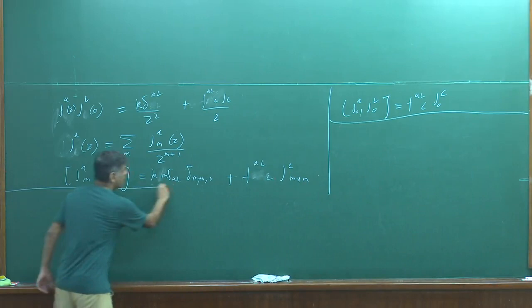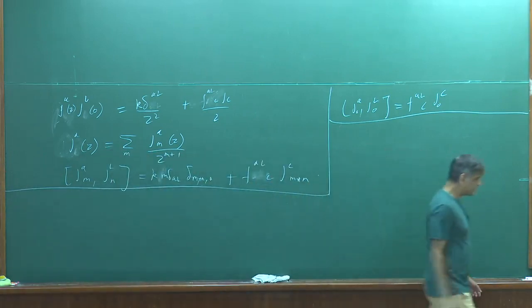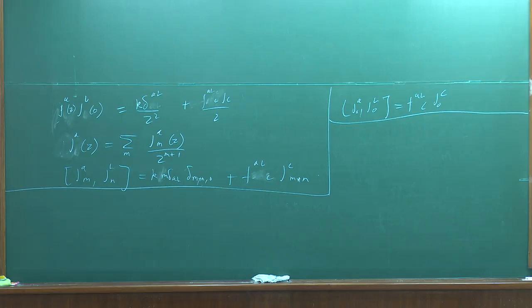So the first thing I'm going to do is to note the following. Let's say J plus annihilates the highest weight state.